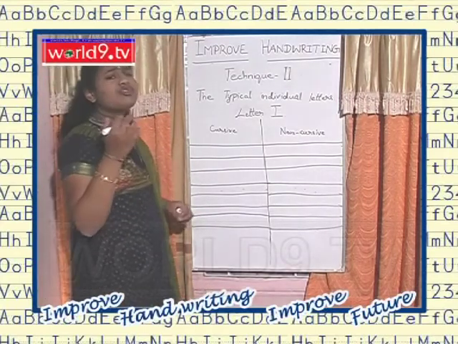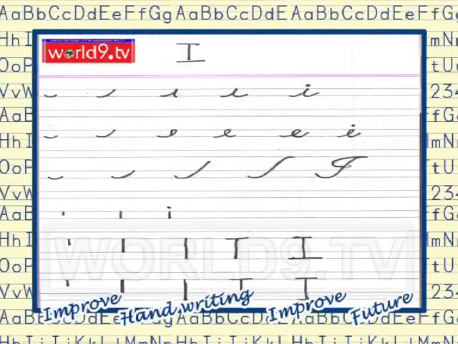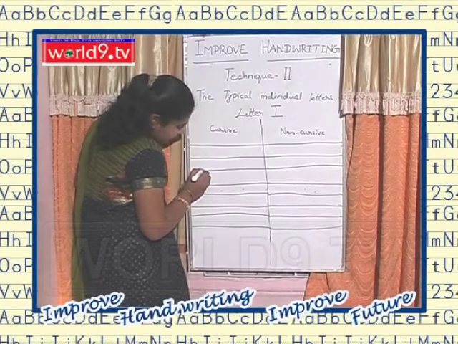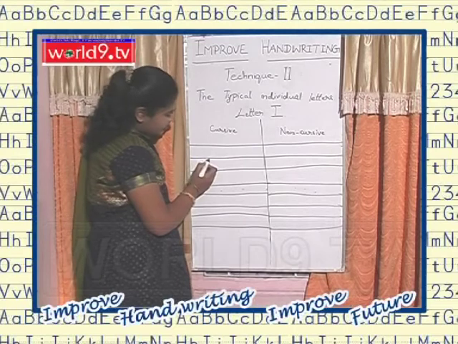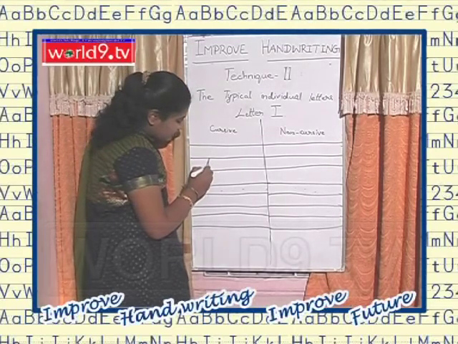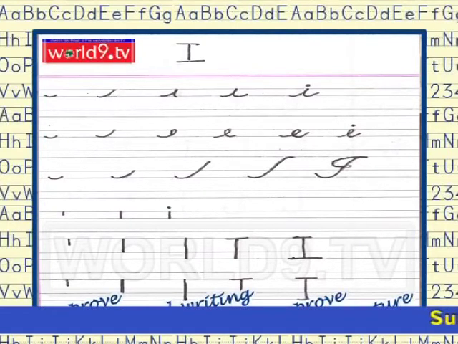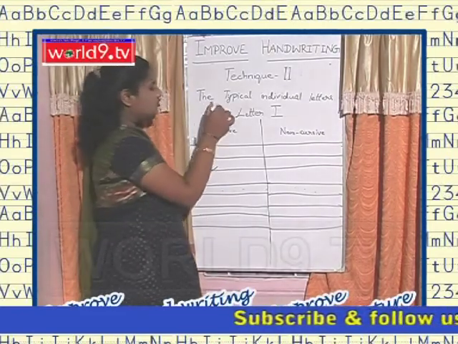First, coming to cursive small letter I, how to write. See, in cursive, starting as usual we give one small tail, and from here we write a slant line upwards, and from here again we extend it back like this, and on the upper line we keep a small dot.